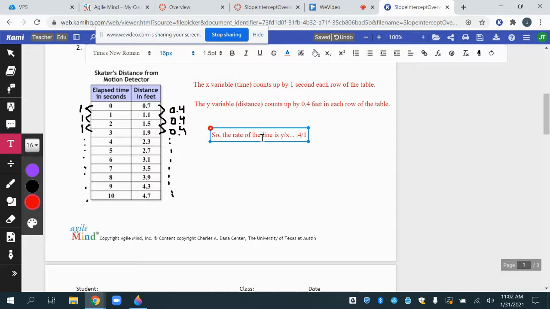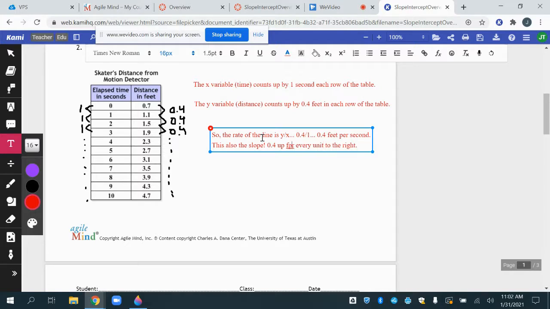Oops, I did 0.04. 0.4 feet per second. Okay, we shouldn't say unit. That's why we say unit.